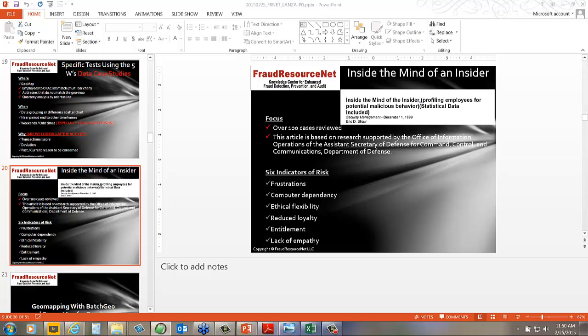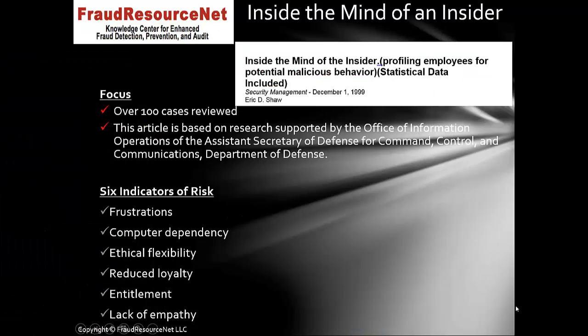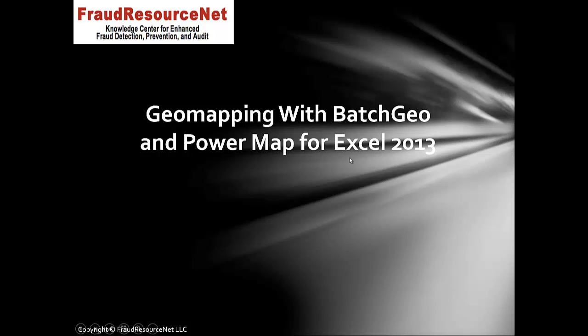Yep, perfect. So what I wanted to move on to now is the where point of view. In the where point of view, okay, so we're all set here. Geomapping. There's this product out there called Batch Geo, and there are other products which we'll talk about, but that one tends to be one that a lot of people know and seems to be pretty well respected.